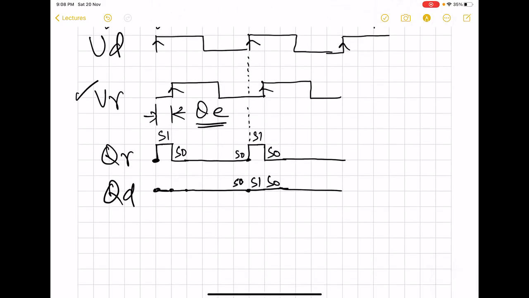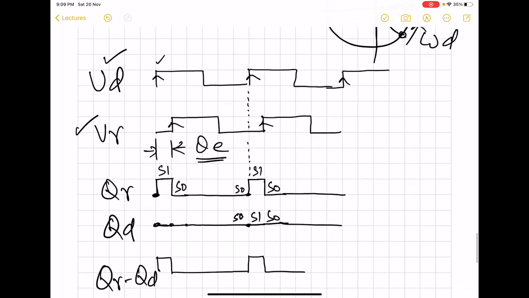The actual output, which we will use to find out the DC or the average value, is going to be QR minus QD. So here we see that this is going to be high and then 0, then high and then 0. So now we see that if we increase this gap between the two consecutive edges of these two signals, then the width of QR is going to increase.